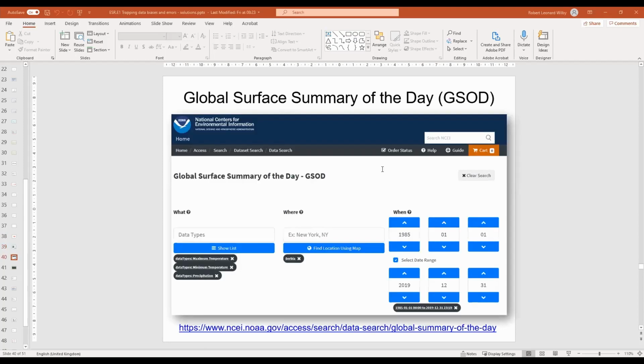Now, this afternoon, we're going to be using a data set from one very widely used archive, the Global Summary of the Day, which provides meteorological data for stations all over the world that are listed by the World Meteorological Organization. And this interface, which you can access via the link below, enables you to search by station name, coordinates, variables, and date for data sets.